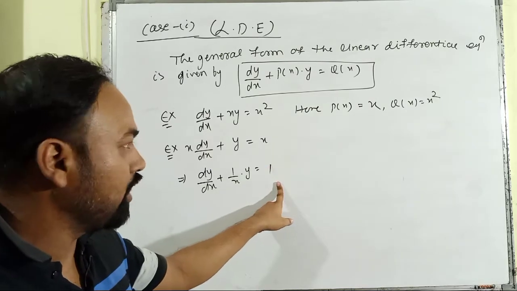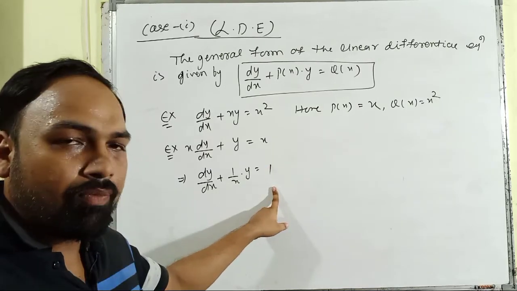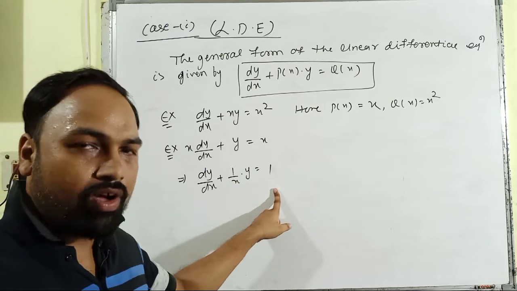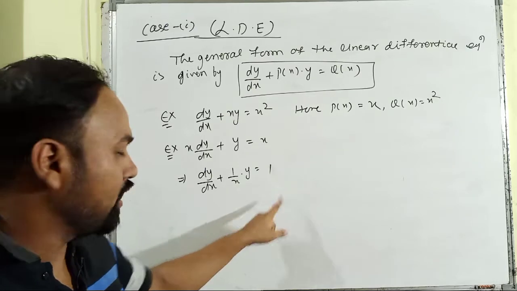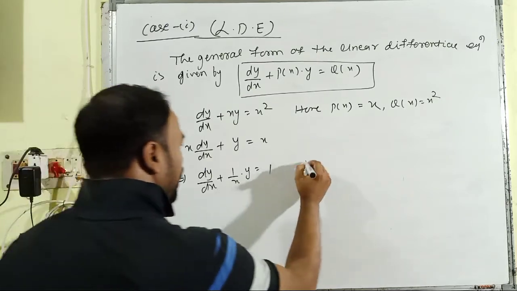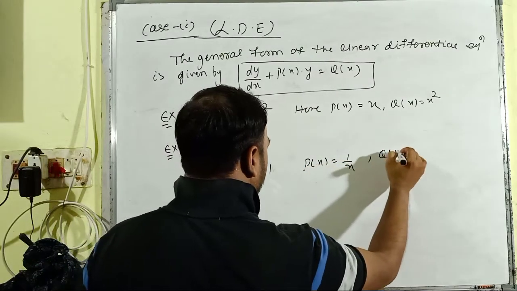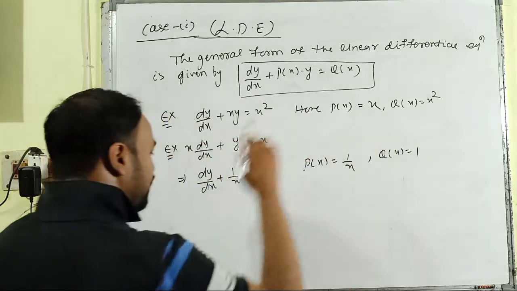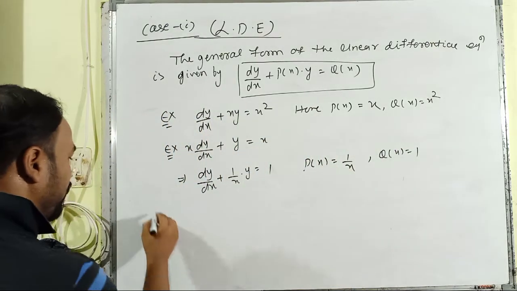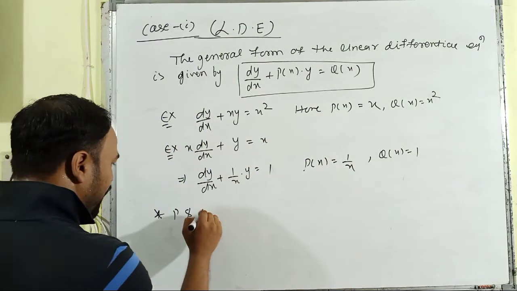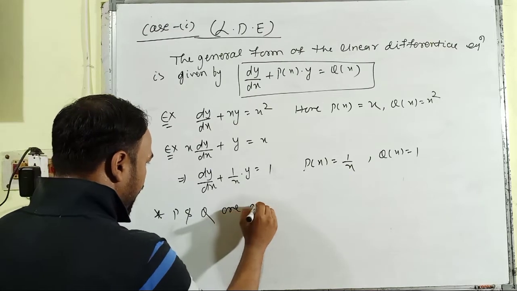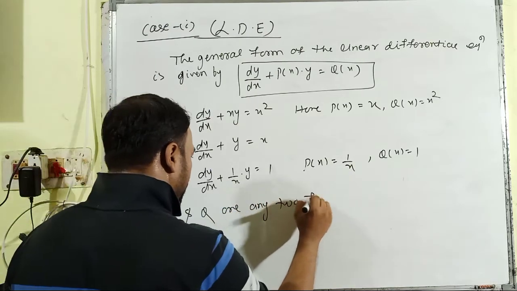The definition tells that p and q are either functions of the variable x or constants. So here p of x is equal to 1 by x, and q of x is 1, which is a constant.